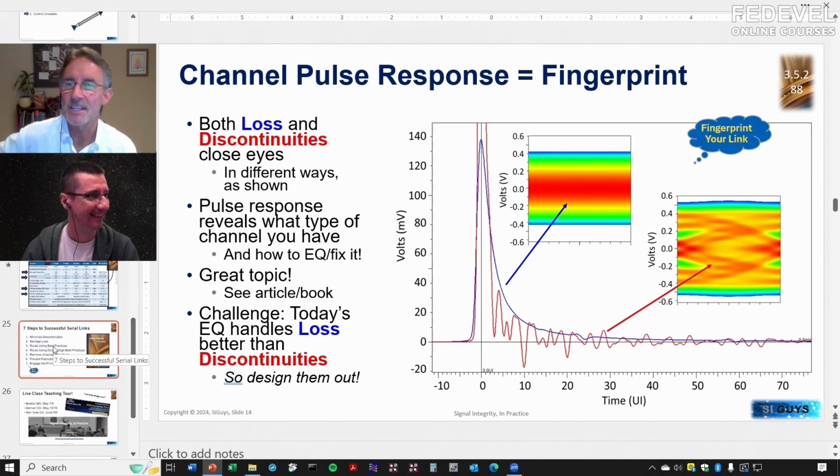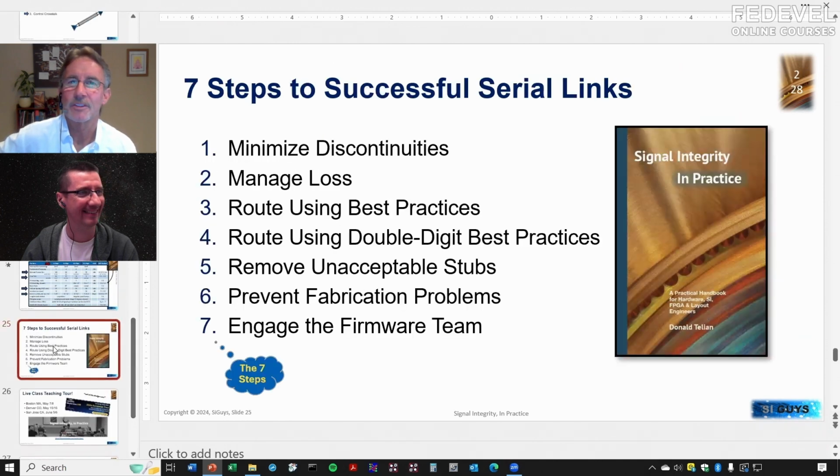For the engineer who's like, wow, that whole equalization thing, oh my goodness, believe it or not, I've turned the process into 7 steps. I tell the story in the book about where those came from.